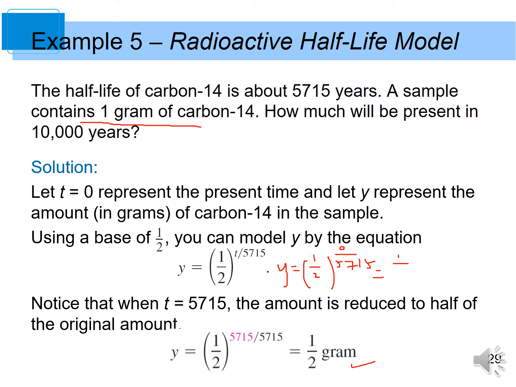So half to the power of 0 is 1. Meaning that when you substitute t equal to 0, initially your sample is 1 gram. So you can conclude your model is correct.